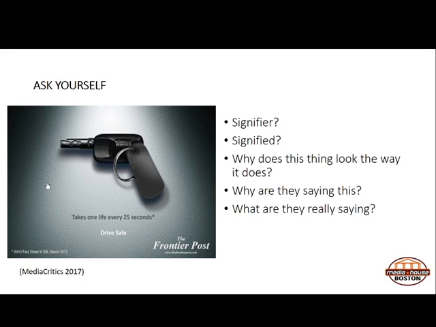Why are they saying this? And what are they really saying when they make this car key look like a gun? We have to look at it in terms of what it represents to us. So, remember what we were speaking about at the beginning of the lecture, when we looked at guns before, we said that back in the day, it used to represent security and safety and independence.